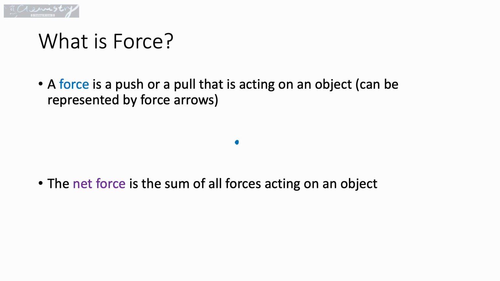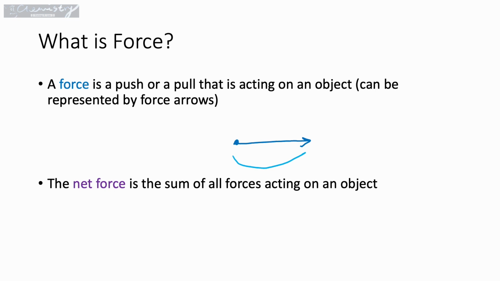Force arrows, like the arrows that we introduced when we were talking about velocity: the size of the arrow represents the relative magnitude of the force, and the direction of the arrow indicates the direction of the force.